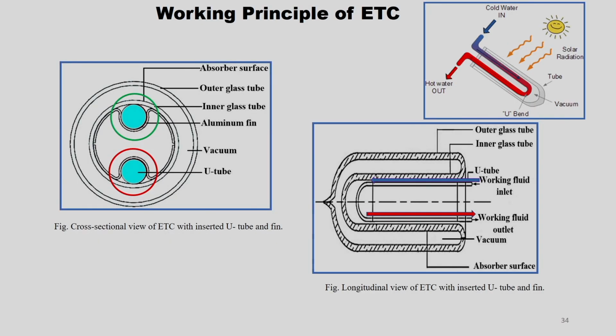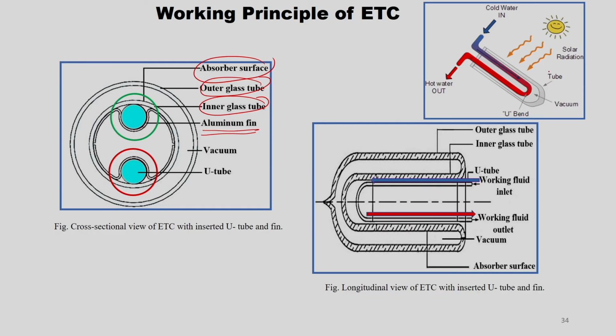So, here if you see, this is the absorber surface, that is the outer surface of the inner glass tube. This is the outer glass tube which is nothing but a glass cover, and the inner glass tube is nothing but an absorber. If you want to enhance the heat transfer coefficient further, you can add aluminum fin outside the tubes. So, that is where the aluminum fin is given, and the space between them is vacuum, and this is a U tube because the ends are connected.